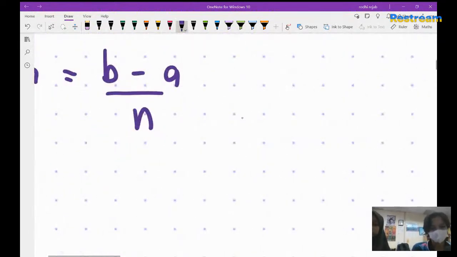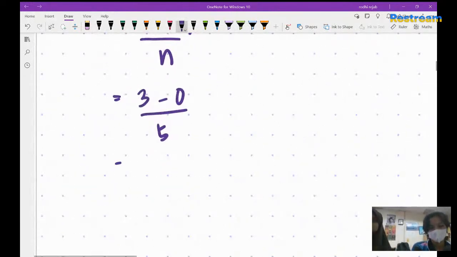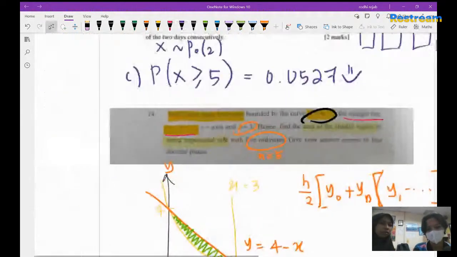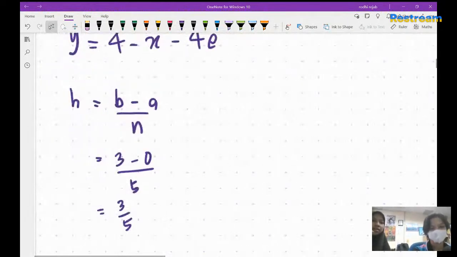So b we got 3, 3 minus 0 over 5. So h is 3 over 5, because they said 5 ordinates.